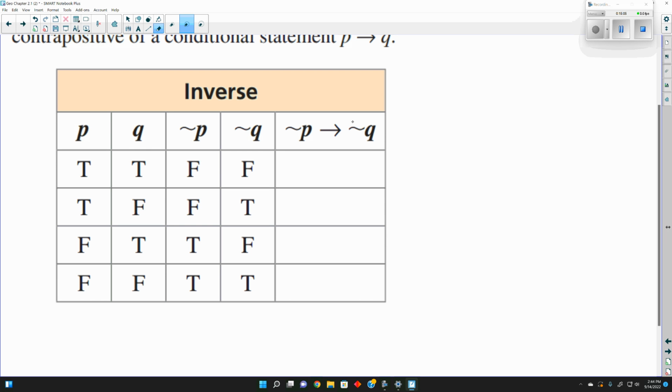So false implies false is true. Because whenever the conditional statement is, or the hypothesis is false, the whole thing is true. Which means the next one, false implies true, is true, because again, whenever the hypothesis is false, the whole thing is true.